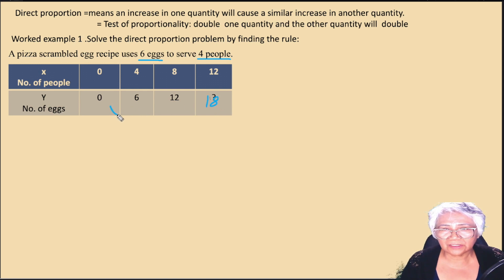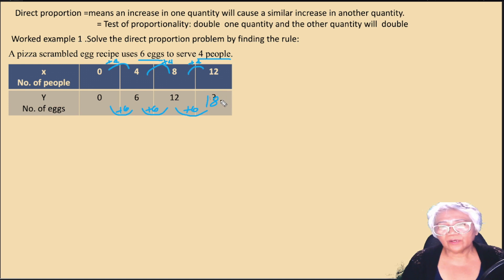Because it is increasing by 6, so here it is plus 6 as well, and 12 plus 6 gives 18. And on the x side, we have plus 4 and plus 4.